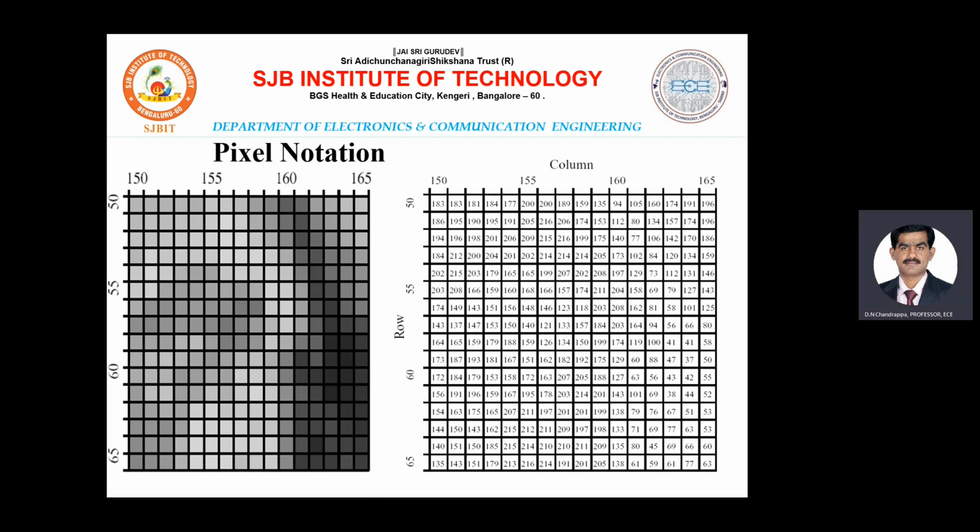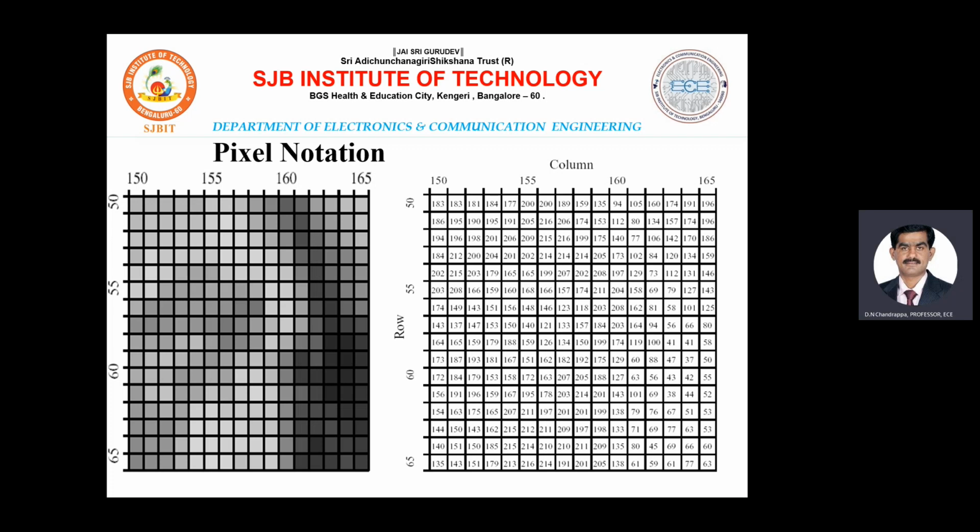Here, full light color, white, is represented as 255 and black is represented as 0. The values range from 0 to 255. In between, the gray values are mentioned in the second matrix.